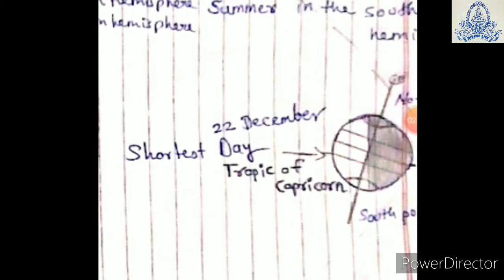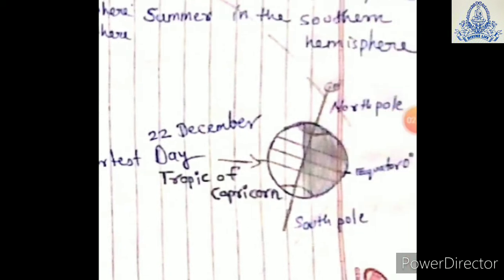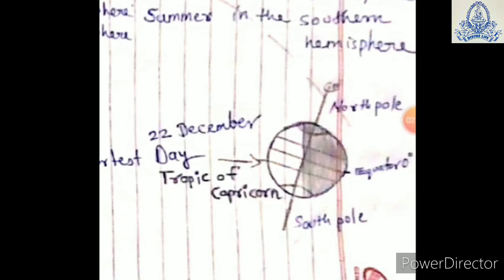That means the southern hemisphere is tilted towards the sun, so it is getting more sunlight. The more sunlight area has summer season, and the less sunlight area has winter season. So here we can't judge equal day or night in every circumstance.